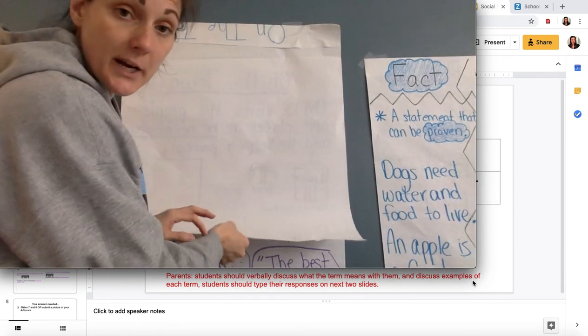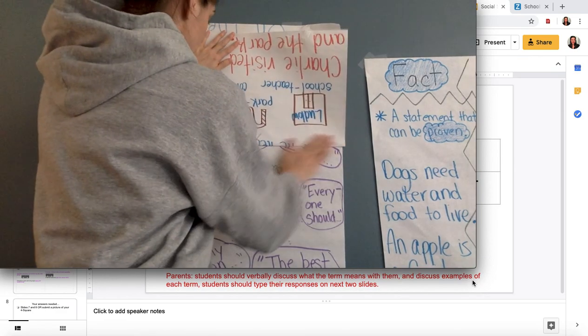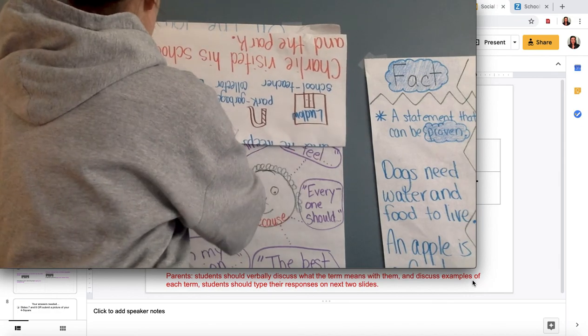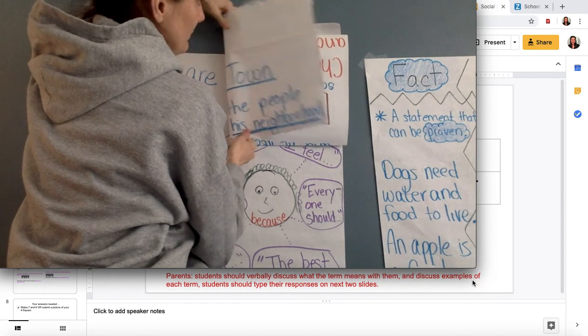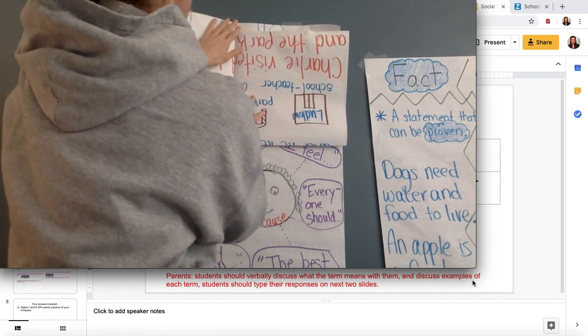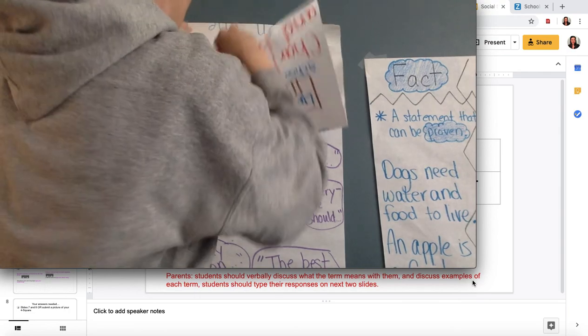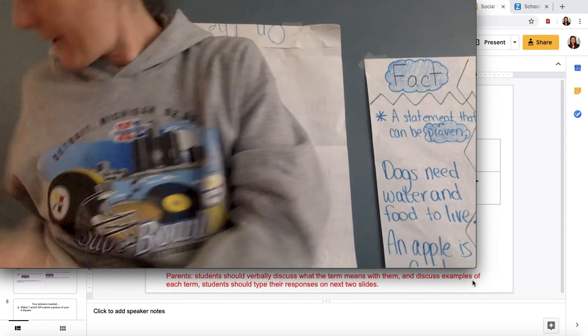Okay, so you're going to take your piece of paper and you're going to fold it in half. Okay, and then in half again. We're going to make a foursquare. So we need four squares for a foursquare, obviously. Put some more tape up there as well.